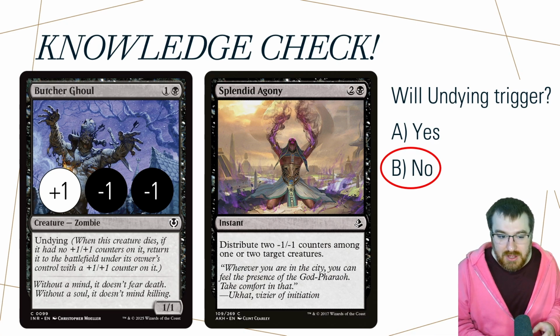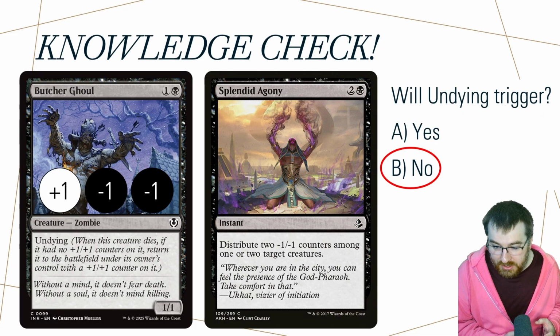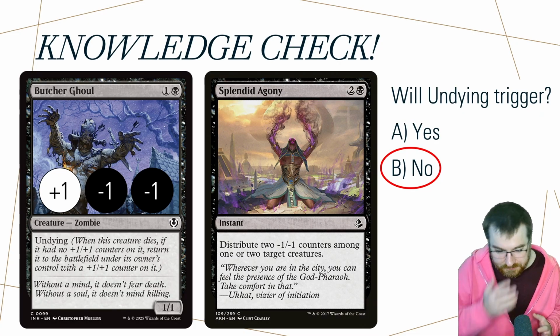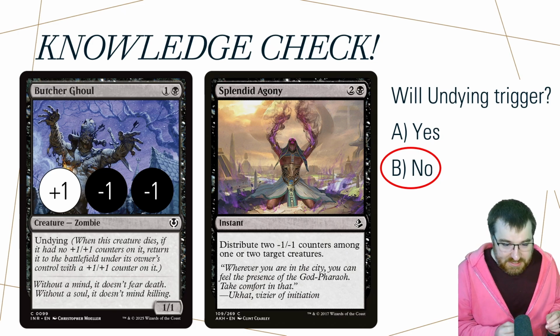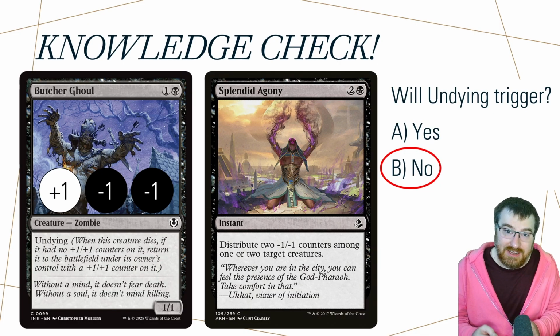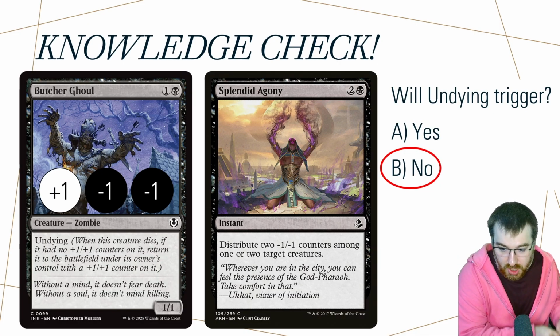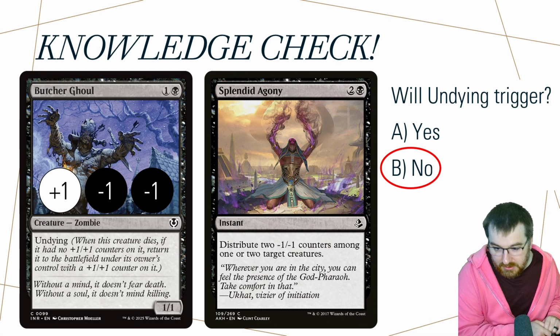So because immediately before it died, it still had a +1/+1 counter on it, Undying will not trigger. Does that make sense? State-based actions are performed simultaneously, and Undying is checking the game state before those state-based actions are performed.